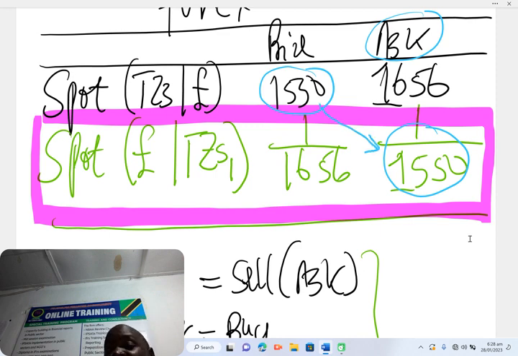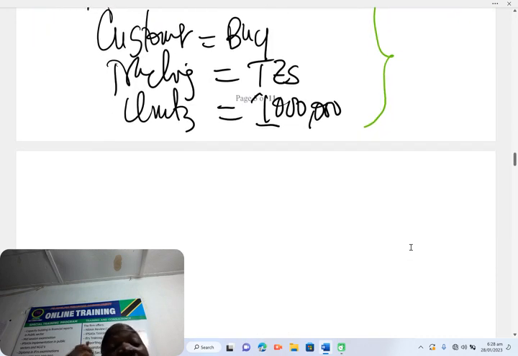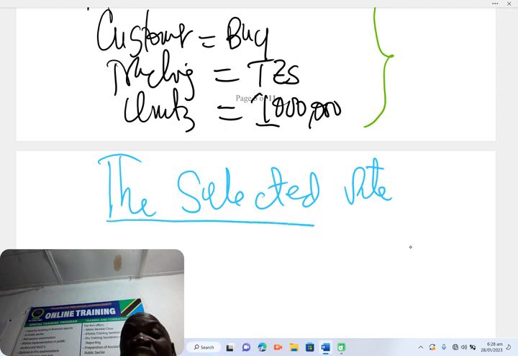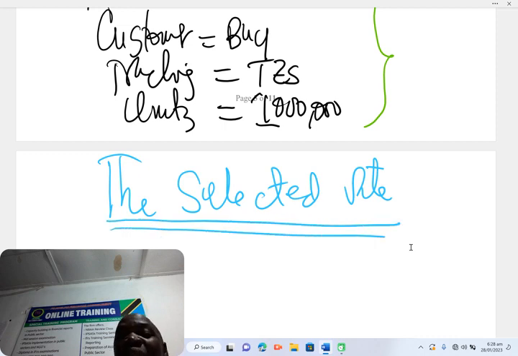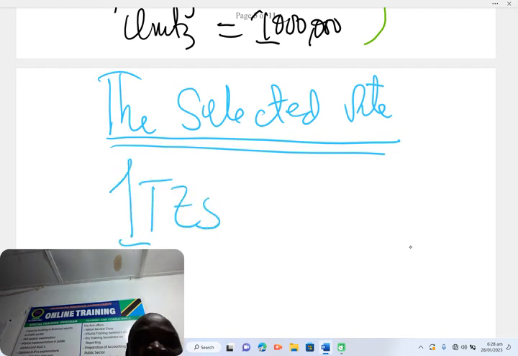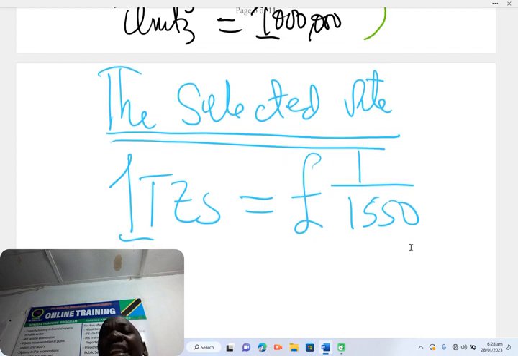So which rate am I going to use? Number one, I would say the selected rate according to the information. So the selected rate will be 1 Tanzanian shilling equals pound 1 over 1550. This is the selected rate.